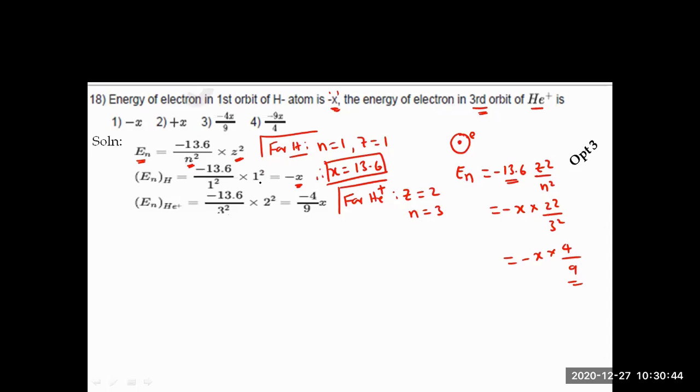Yes, sir. Understood. That's all. That means in terms of x, we need to express the energy of electron in third orbit of He plus. X is nothing but 13.6, which we have got from this first expression. So answer is option 3.